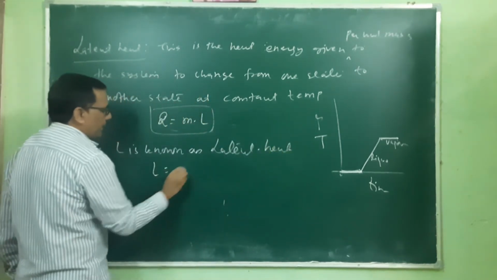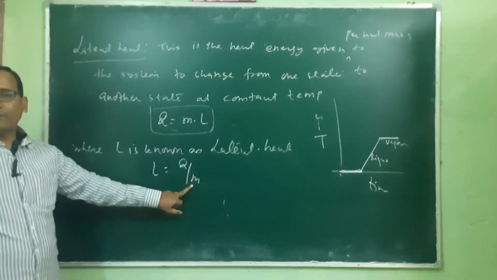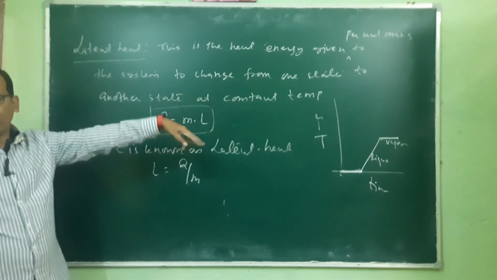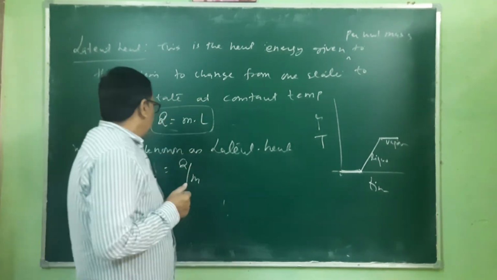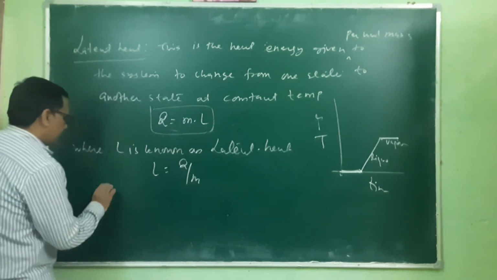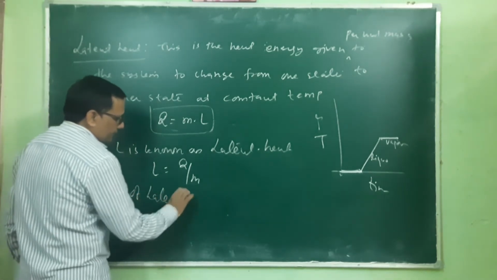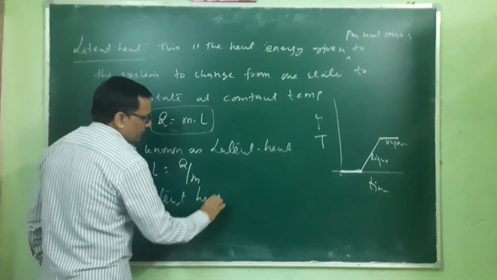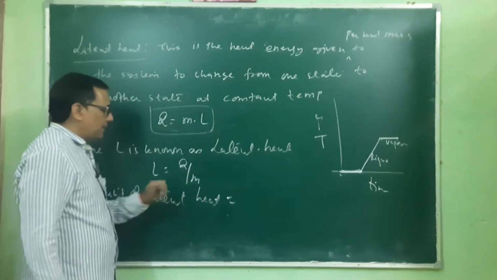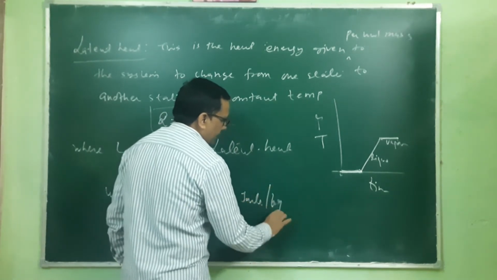So L equals Q by M, the heat energy given per unit mass at constant temperature to change the state. The unit of latent heat is joule per kg.